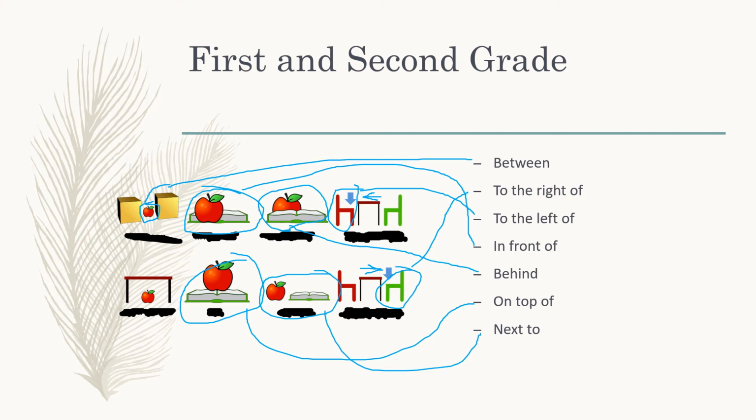And then this apple over here, do you know what it is? It's not in the word bank, but we talked about it already. I'll try to write it with a pen. It's under the table. All right.